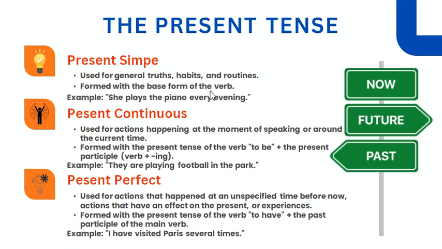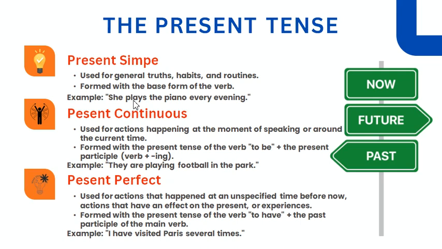How we construct the present simple is that the form is the base form of the verb. The base form of the verb means the present simple. If you go and check a dictionary, you get the word in the present form. That's what we call the base form. For example, the word play is a base form. When you change it to past, you would say played.